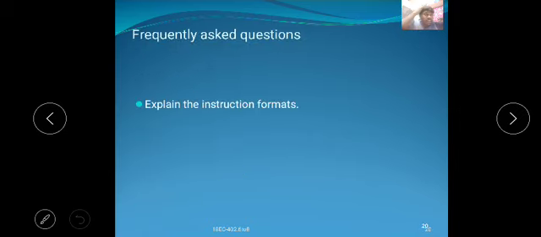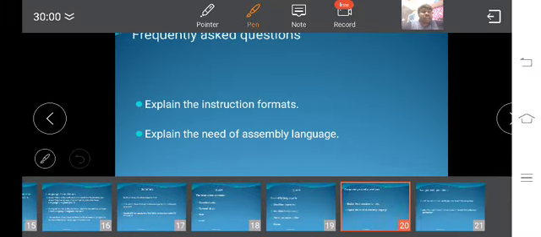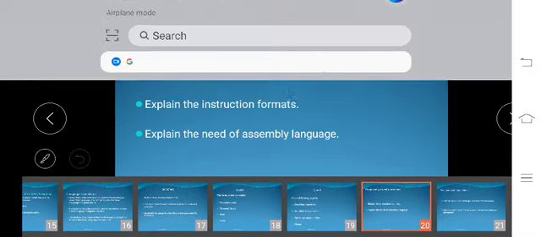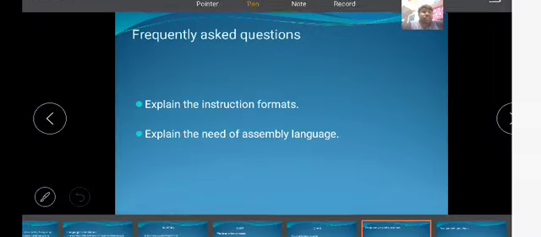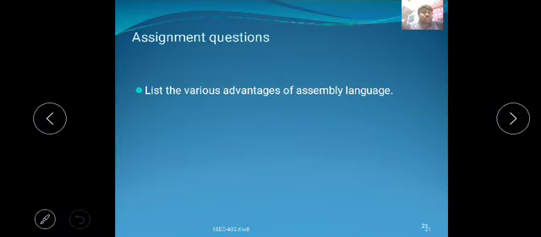In the frequently asked questions for this topic: explain the instruction formats. They also give some important examples, which students can easily explain. Explain the need of assembly language. And here we are going to give some assignment questions also.